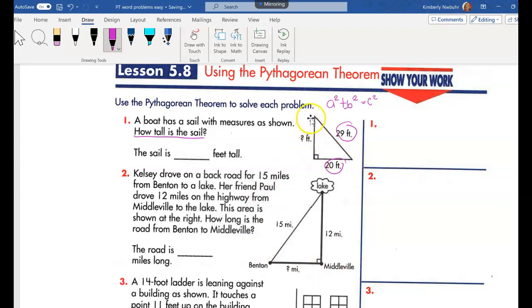We're missing 1 leg, aren't we? So we must be solving for this. Whether it's A or B, you decide. Remember to plug in your numbers where they belong. That was where I saw a lot of the mistakes yesterday.